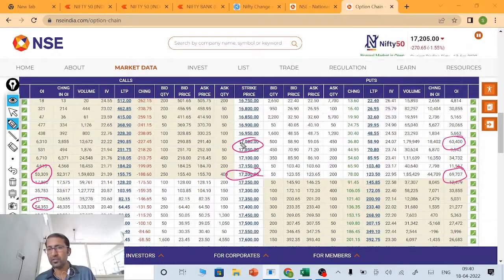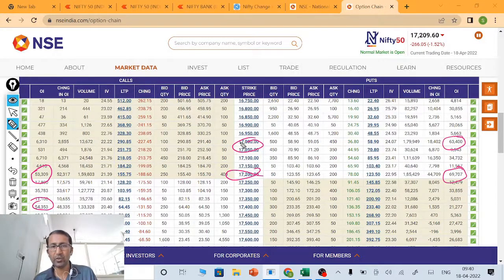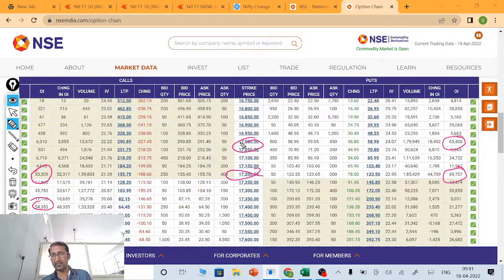At 17,000, there is a buildup of 63,400 on the put side. So that will be a major support. These are the major supports, and on the higher side, there is hardly any open interest on the put side.